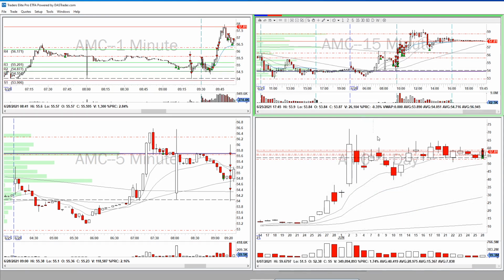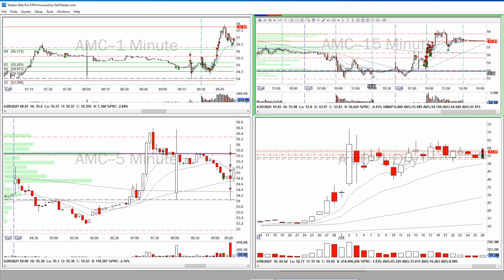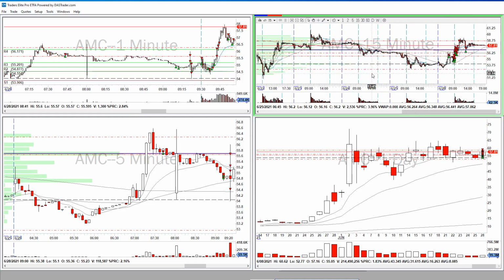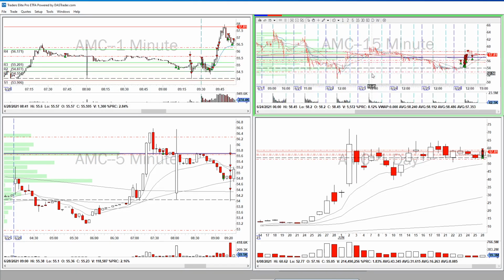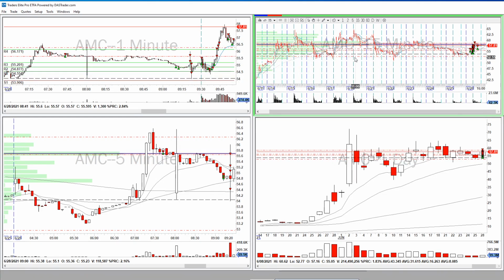If we add this to our 15-minute chart, we see that this volume point of control is mapped. And what's interesting about this study is that depending on how much data is showing on the chart, the volume point of control will move based on the highest number of transactions occurring in that range of data.